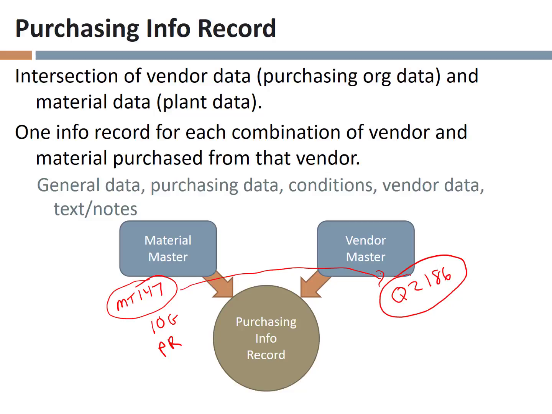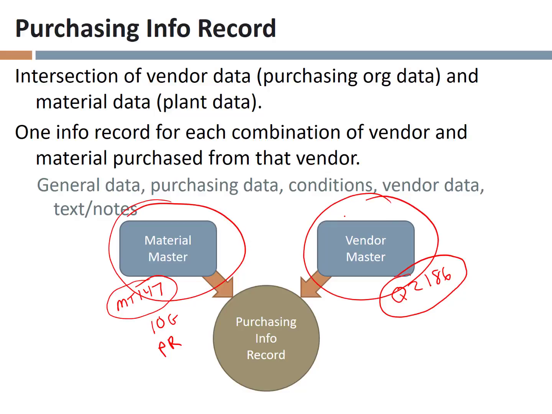Going back to where I said this is a very nice design element for us, we have the material master, which stores all our material information. We have the vendor master, which stores all of our vendor information. And if there's ever a material that we need to do some kind of special deal with, keep track of data separately, or handle in an atypical fashion for the vendor, that's all going to be represented here in this purchasing information record.